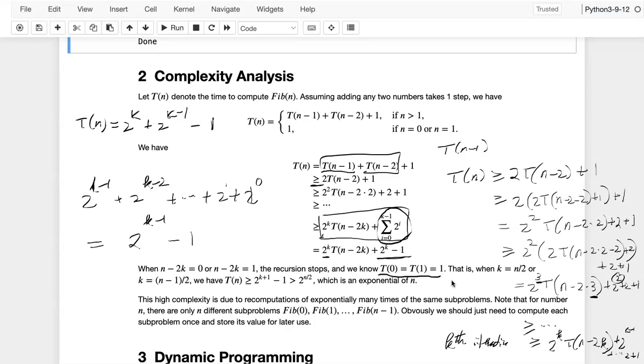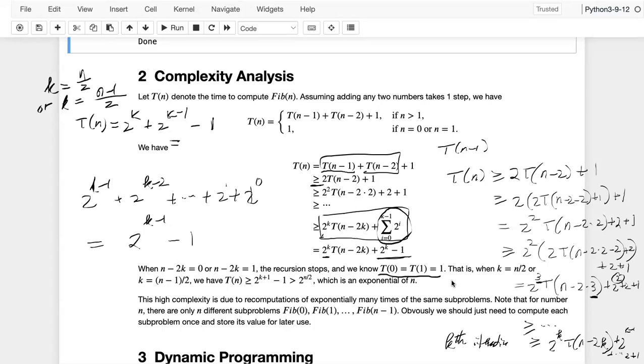So k here is either n over 2 or n minus 1 over 2.